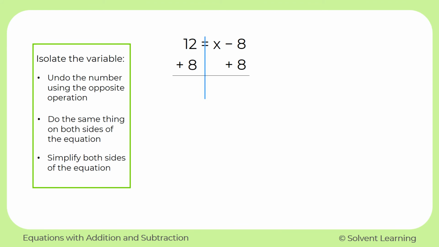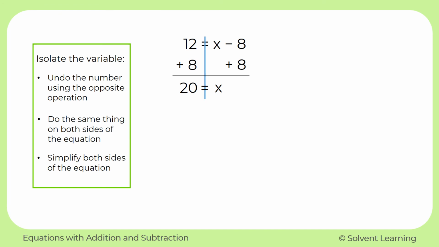Okay. On the left side, we combine like terms there. 12 plus 8 gives us 20. Move over to the middle, we bring down the equal sign, and then we combine like terms to simplify the right side. X will come down, there's nothing else to combine that with.